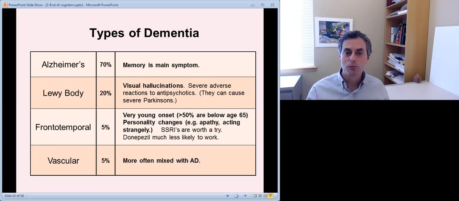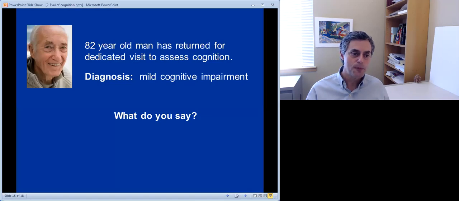So it's not that micro stroke vascular dementia doesn't have an important role in most cases of dementia, but as a standalone etiology for dementia, it's really quite rare.